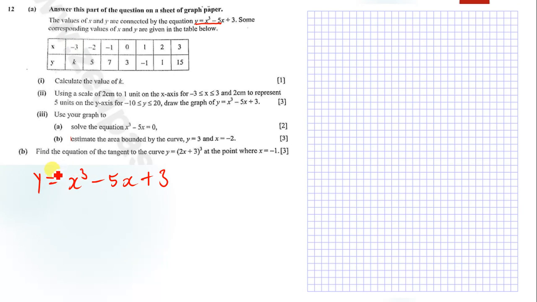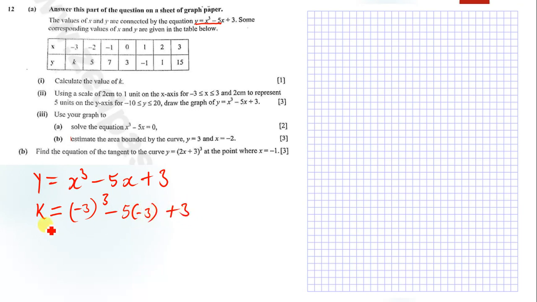You just replace it where there's x there to find the value of y there. So k is standing for y in this case. So instead of putting y there, you can even write k there and say k is equal to, while there's x, I'm putting -3.